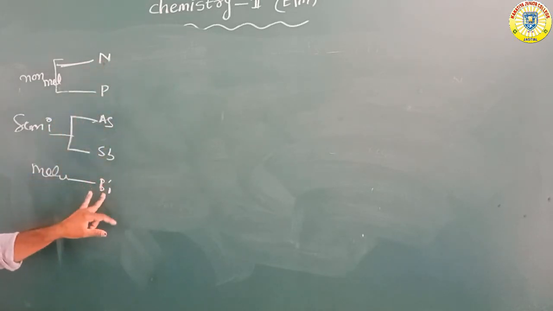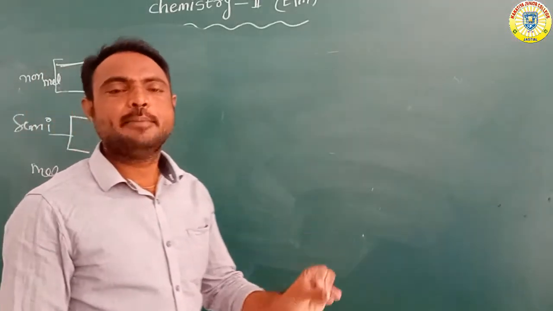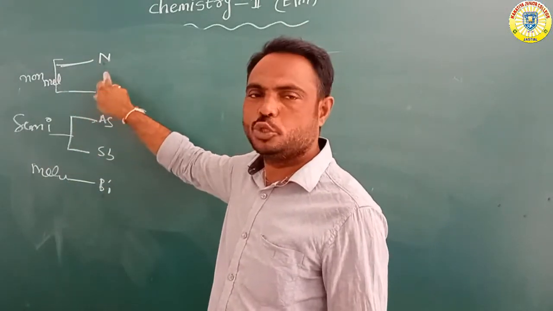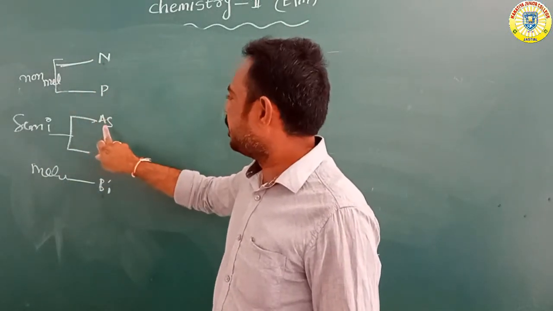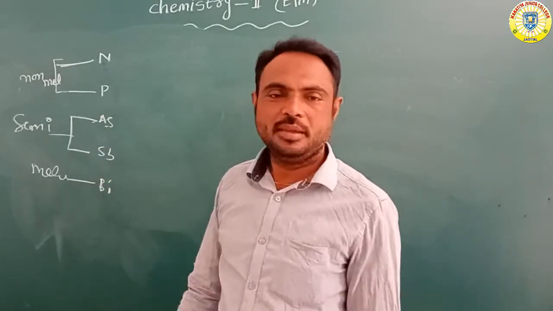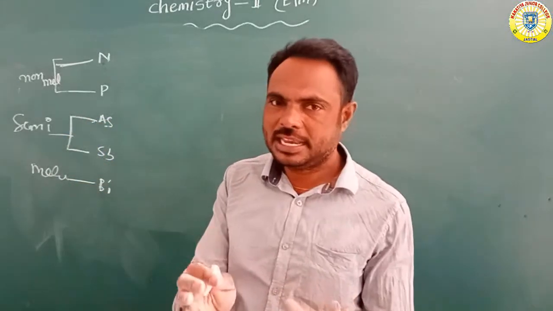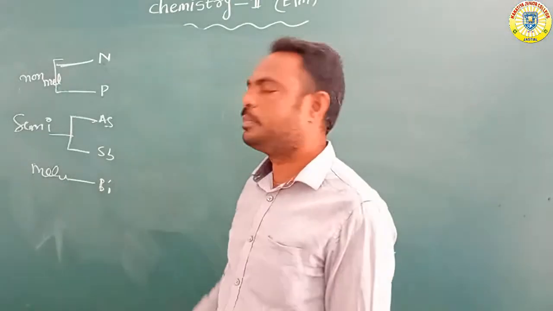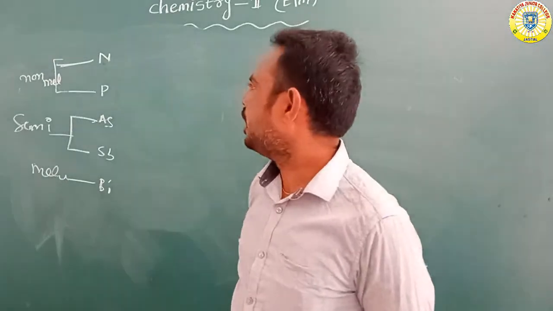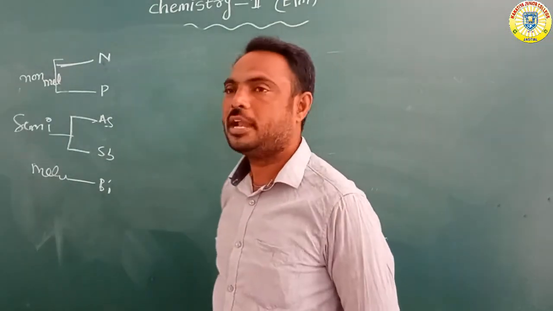From top to bottom, from nitrogen to bismuth, the metallic nature increases. Arsenic and antimony have a slightly metallic nature, and bismuth is metallic.